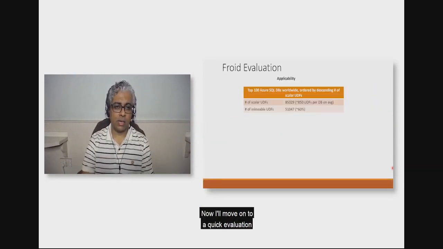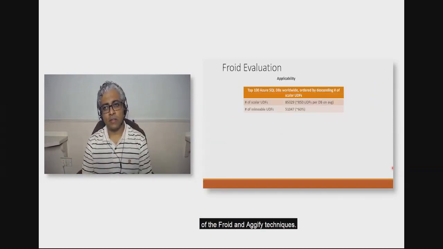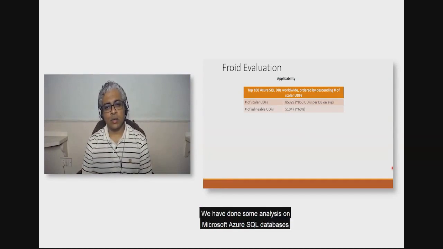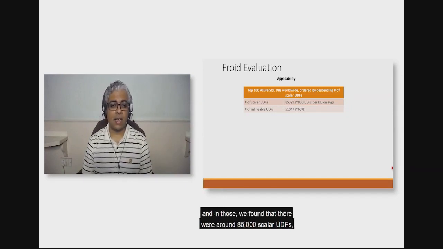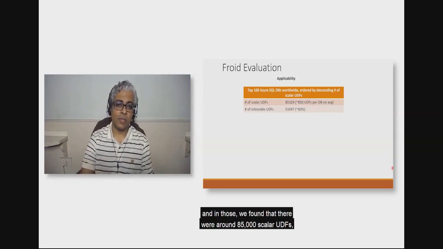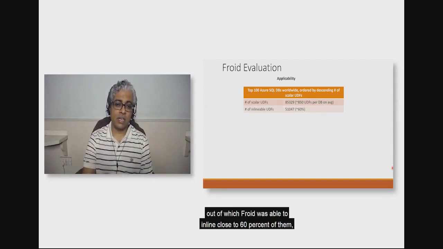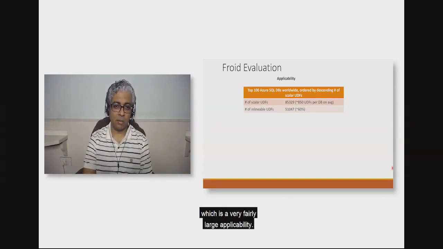So now I'll move on to a quick evaluation of the Froid and Aggify techniques. We have done some analysis on Microsoft Azure SQL databases worldwide, taking the top 100 databases that use scalar user-defined functions. In those we found around 85,000 scalar UDFs, out of which Froid was able to inline close to 60% of them, which is a fairly large applicability.